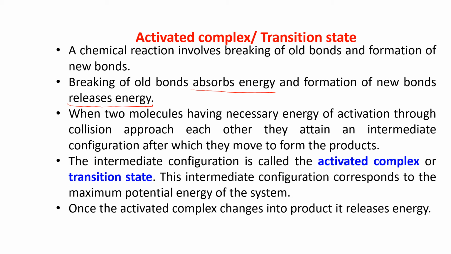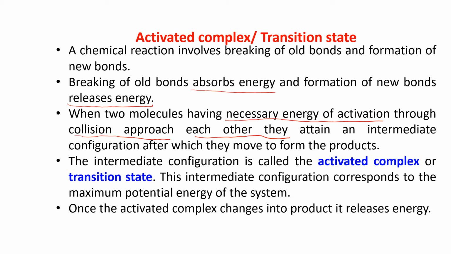Now, suppose two molecules colliding with each other having the necessary activation energy approach each other and attain an intermediate configuration before forming the product. It is an intermediate phase, and after that it will reach the product.